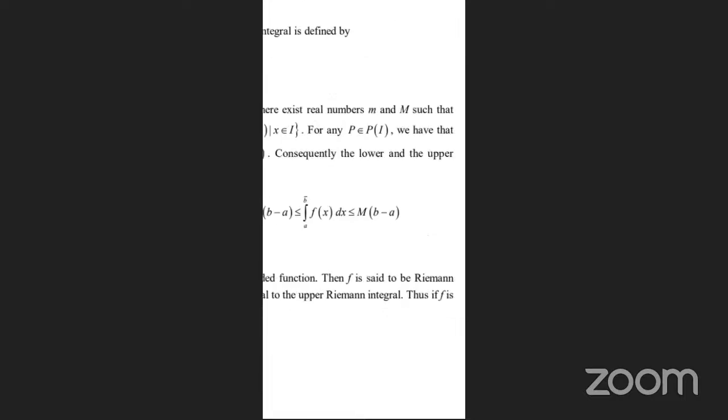Here P is any one of the partitions. There are so many partitions of the interval. Now P belongs to P of I, where P of I means the set of partitions of the closed interval [a, b], the number of those partition sets. What about the relation?